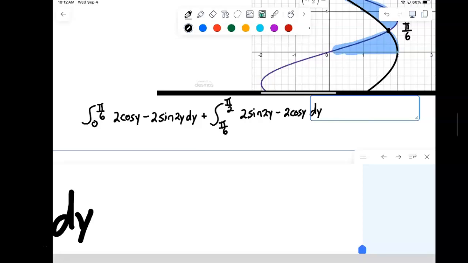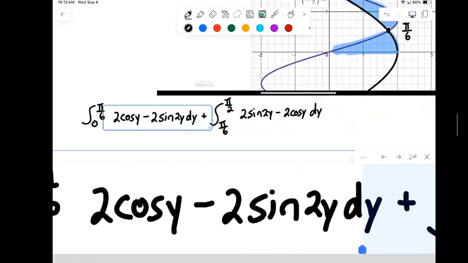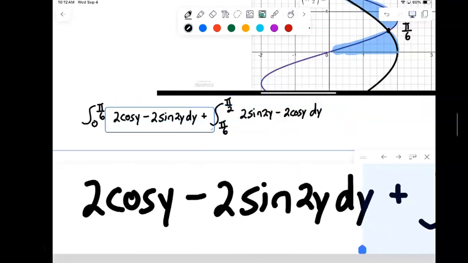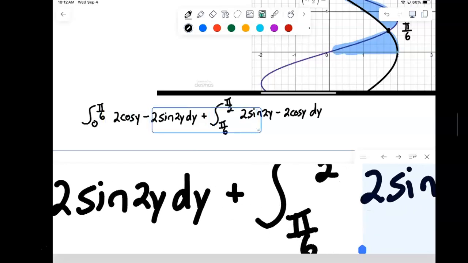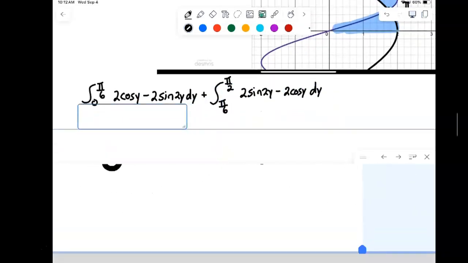All right, and then we see what we need to carry the integrals through. Cosine y, that's an easy integral to do. I don't need to do any adjustments to that. But the sine of 2y that shows up in both of those, I do need to make some adjustments for.